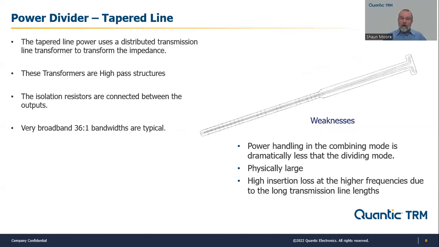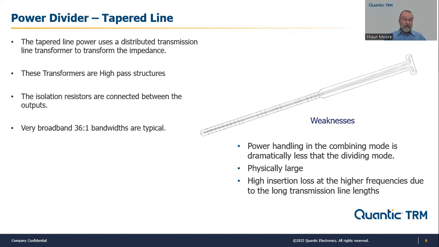Yeah, absolutely. Another version of the Wilkinson, again a distributed transmission line, is to use a tapered line. You can design these as high pass structures as opposed to band pass structures like the Wilkinson. Wilkinson dividers are always designed as band pass structures.